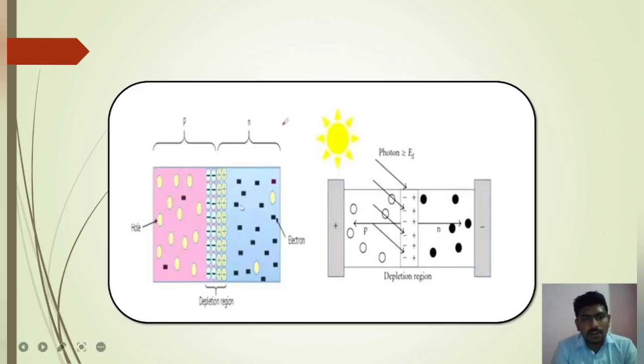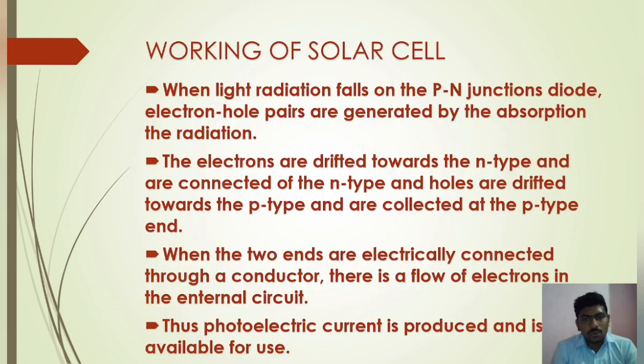This is the diagram of electron hole pair generation. When these electron hole pairs are generated, the metal surface is absorbing some light radiation, right? The electrons are drifted towards the N type and are collected at the N type, and holes are drifted towards the P type and are collected at the P type end.